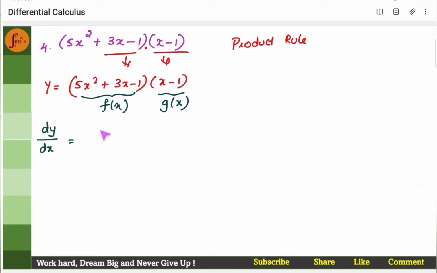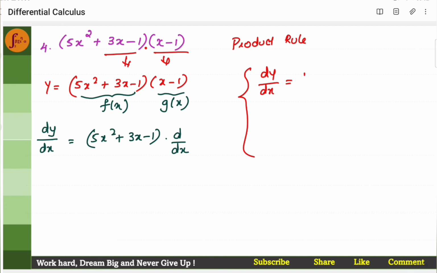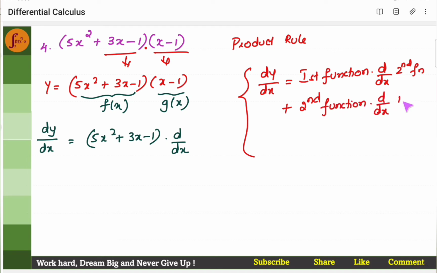I'll take first function, 5x square plus 3x minus 1, into derivative of second function. Basically, I'll use this formula. For product rule, it will be first function into derivative of second function plus second function into derivative of first function.